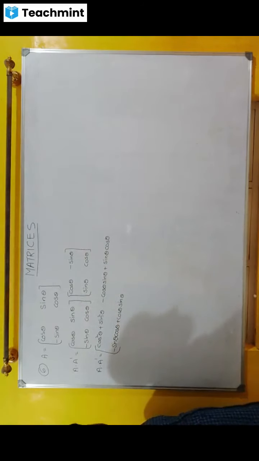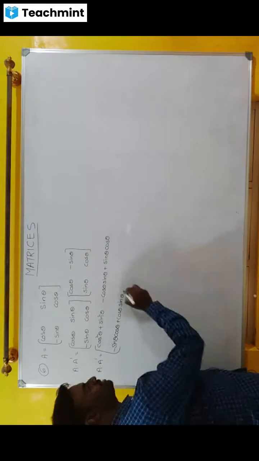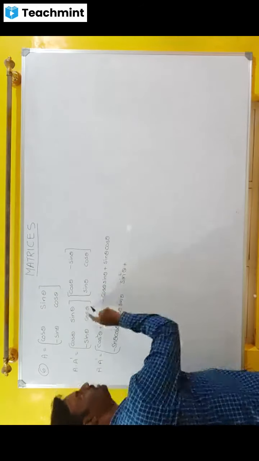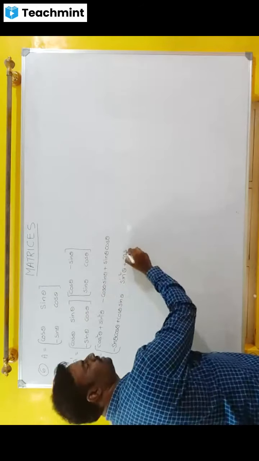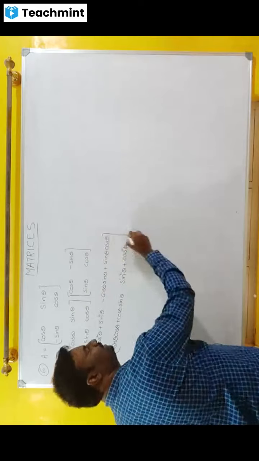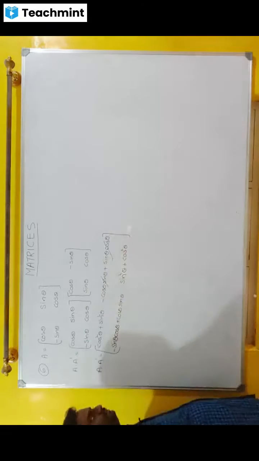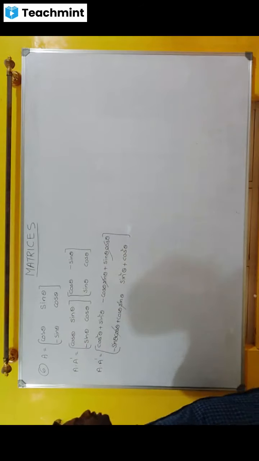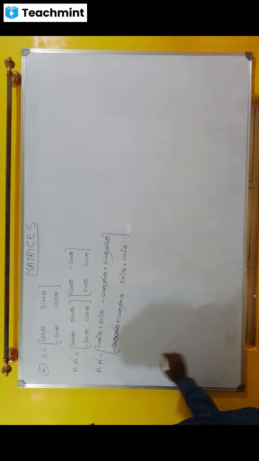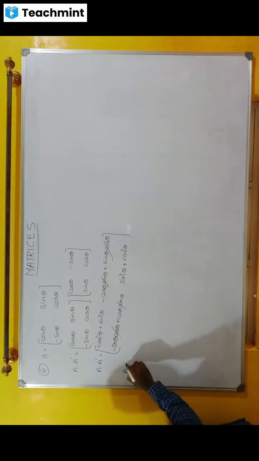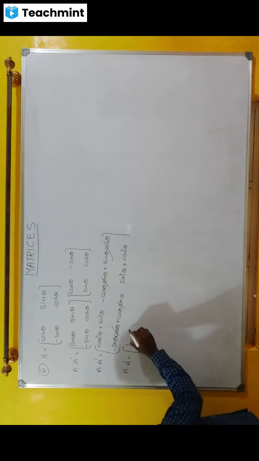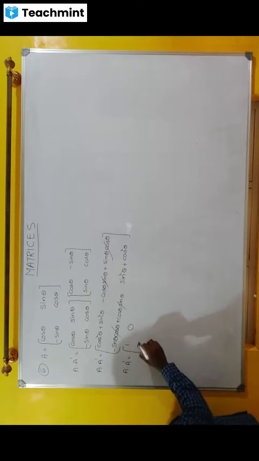Minus into minus is plus. Okay. Sin into sin, sin square, plus cos into cos, cos square theta. Now these two get cancelled, and these two get cancelled. In first year trigonometry, we know the value of cos square theta plus sin square theta. Then A into A dash is equal to cos square theta plus sin square theta, value 1, 0, 0, 1.